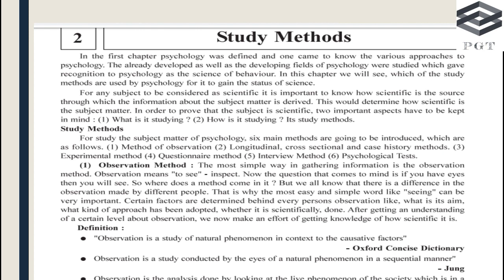In simple words, seeing can be very important, and certain factors determine every person's observation, like what the aim is, what kind of approach has been adopted, what they saw and what they learned, and they start living in that manner.